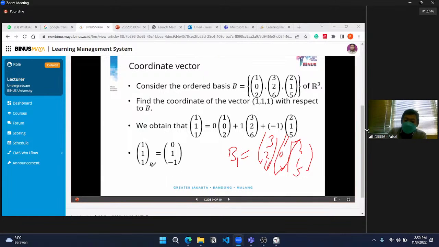The coordinate of (1, 1, 1) with respect to B1 is, because the first one is (3, 2, 6), the scalars must be (1, 1, 0, -1). So the coordinate is now different because we have a different ordered basis.